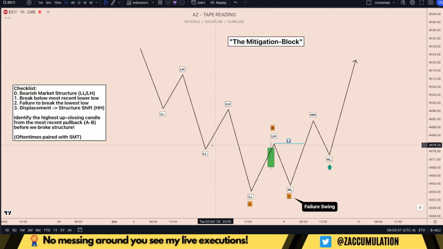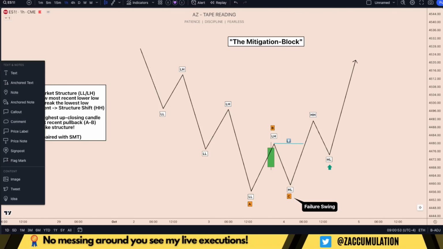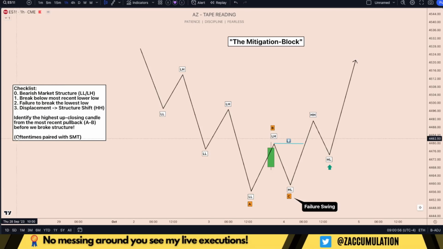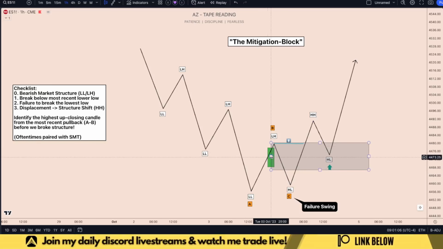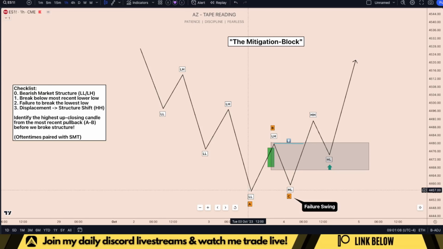This is our pullback like we did right here, but because we broke above it, we can now look for the highest up closing candle. Same way as with the breaker block, old resistance has now been turned into support, and we would expect support from our highest up closing candle within the most recent pullback from A to B.